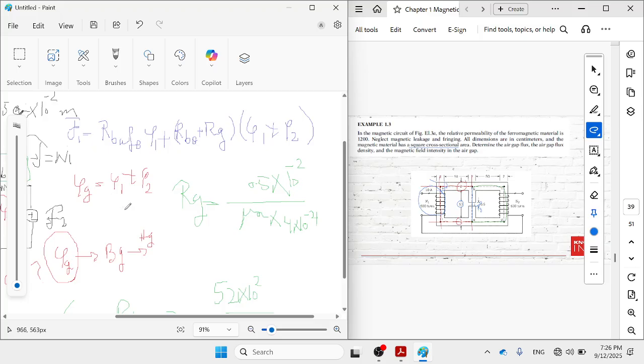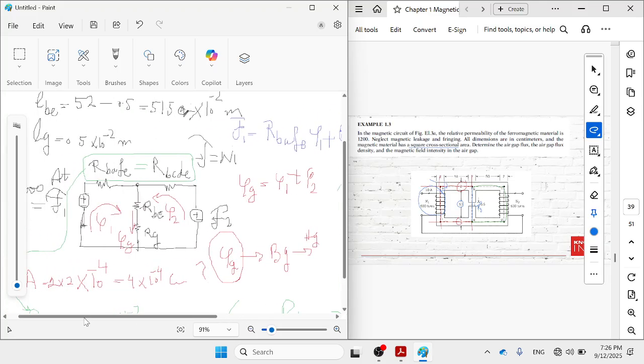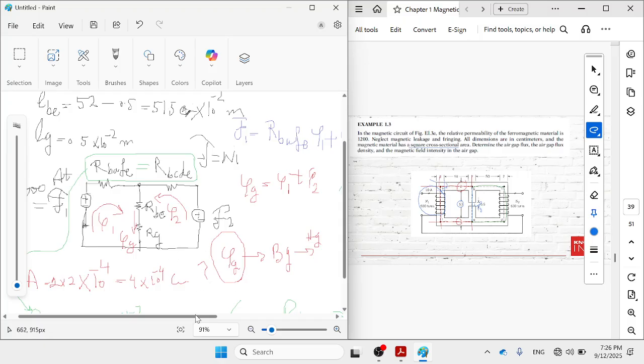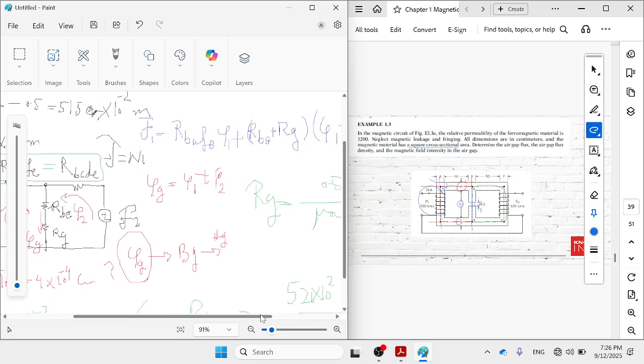And the other equation, this is for the left-hand side. For the right-hand side, in the same way, MMF 2, RBCDE, and the middle branch exactly the same.